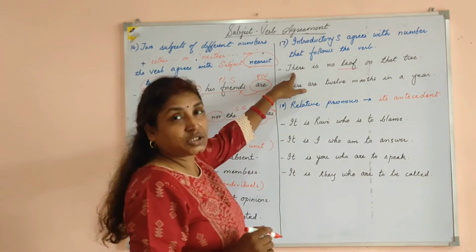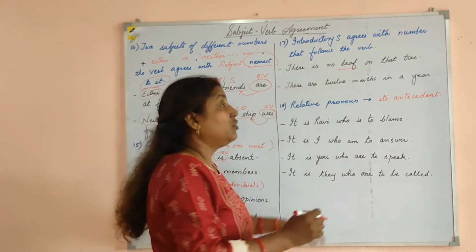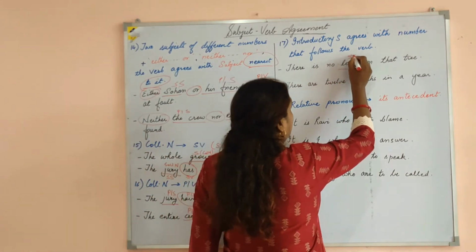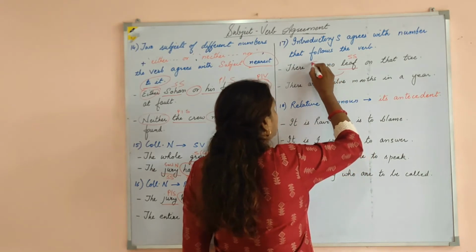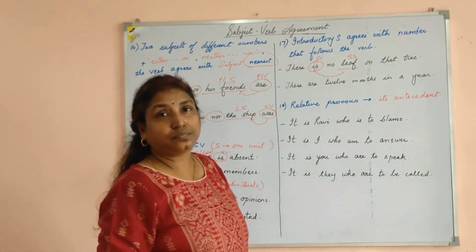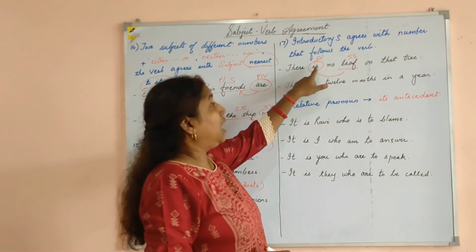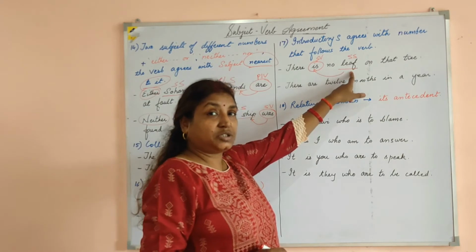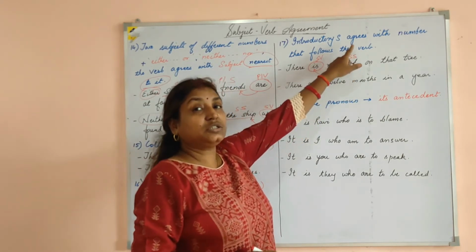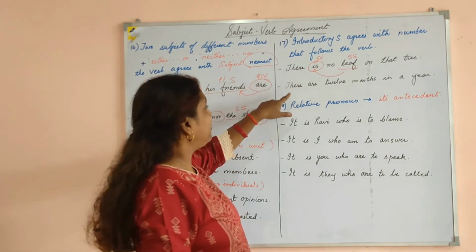You can see there is present at the subject place, but the actual subject is leaf, which is singular in number, and hence the verb is singular verb. So this verb agrees with the actual subject leaf, which is singular in number, and hence your verb is singular.